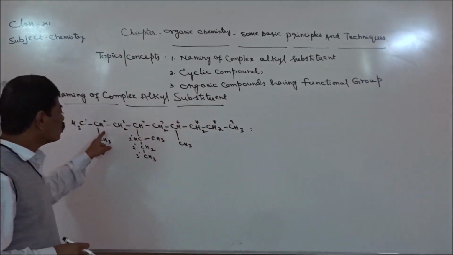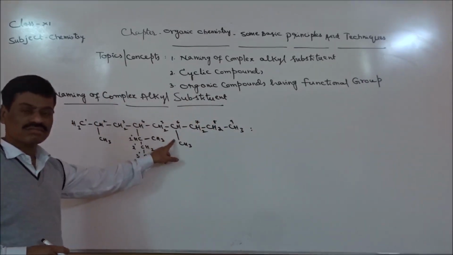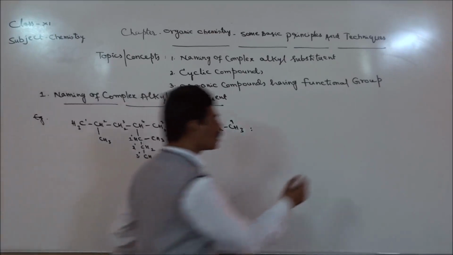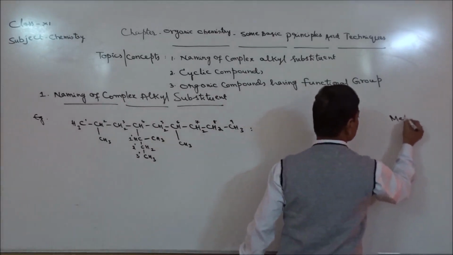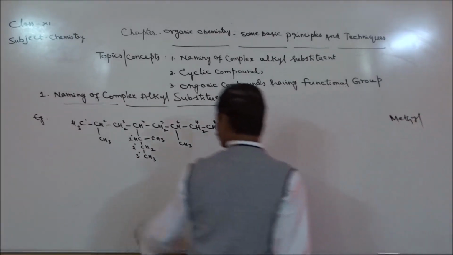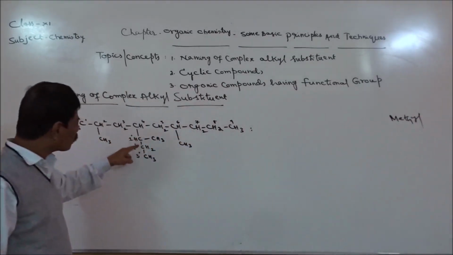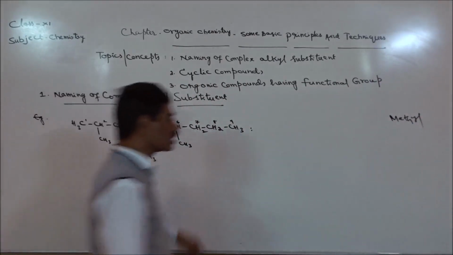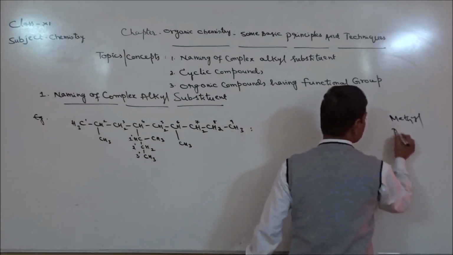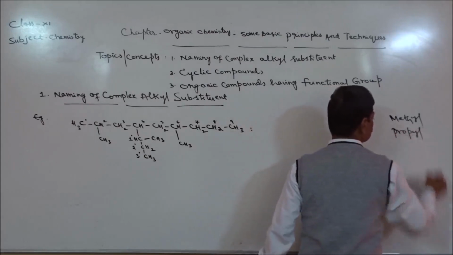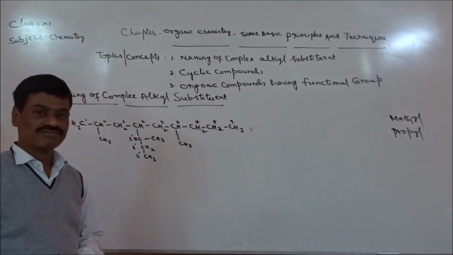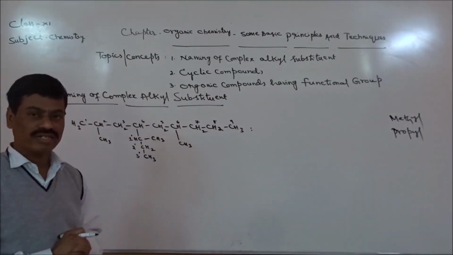Here, 2, 6 are the carbon atoms to which a methyl group is connected. So, methyl. Now, to the fourth carbon atom, 1, 2, 3, a substituent containing 3 carbon atoms is connected. So, it is propyl. All the rules of nomenclature should be satisfied.